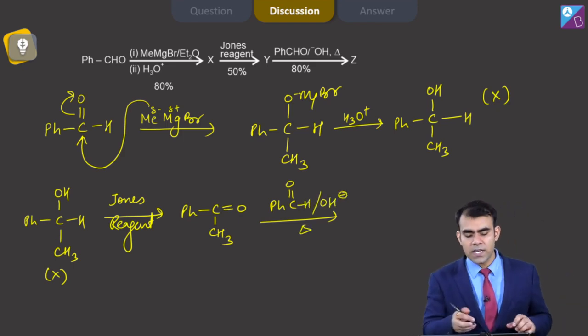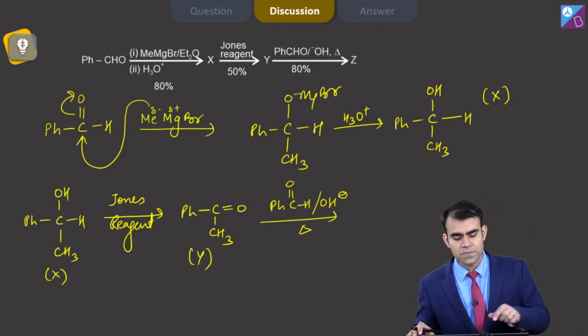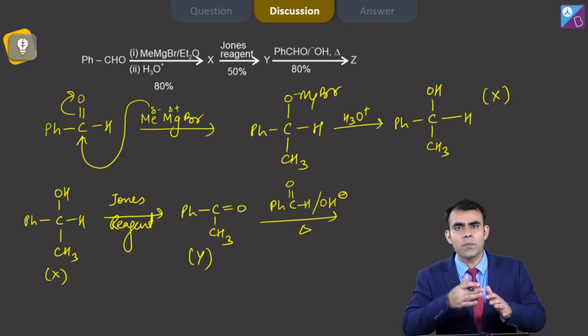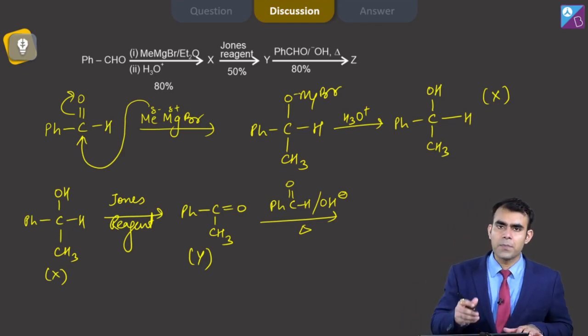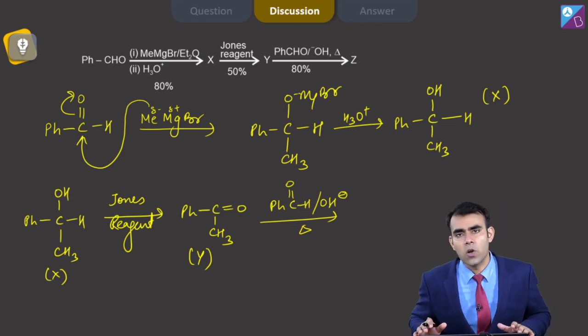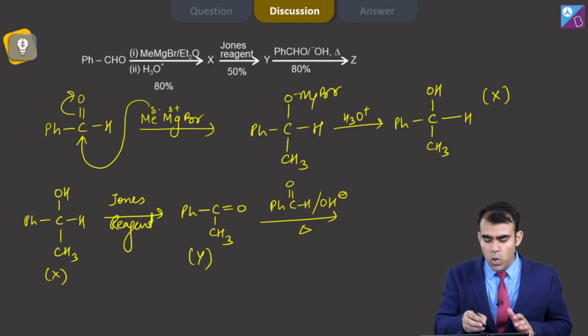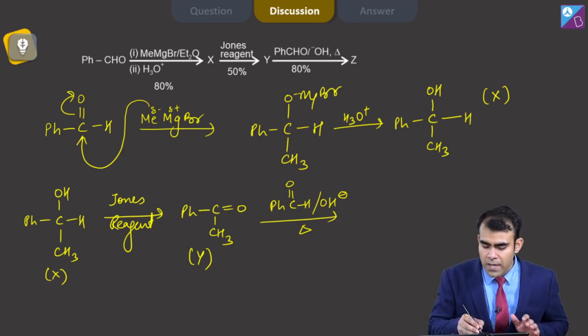Now here you can see that my Y is having alpha hydrogens. This PhCHO that has been provided to us does not contain any alpha hydrogen, and we are providing basic medium. It means it is a crossed aldol condensation. So a carbanion is formed on this PhCOCH3, and this carbanion attacks on this.